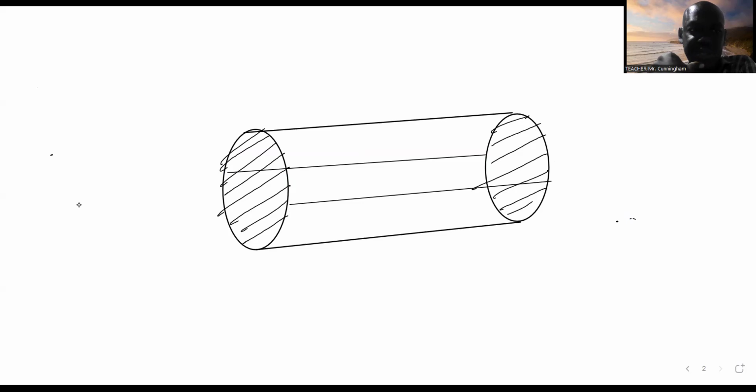The circle is a cross section because it's the same shape passing through from one end to the next end. So this is called the cross section.